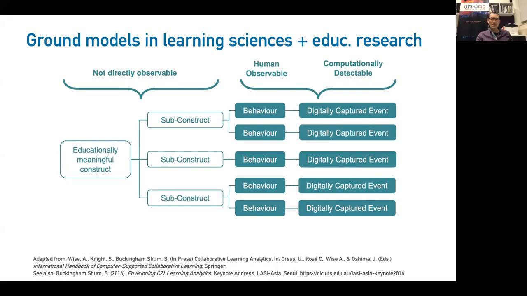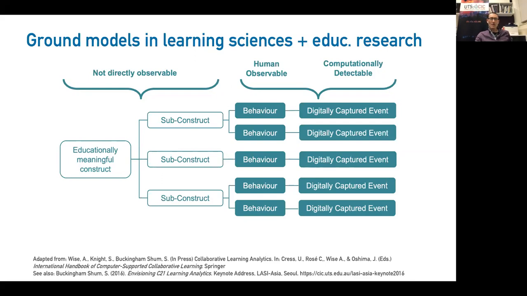So here's an example of how we make our models accountable and grounded in the learning sciences. On the left, we have the world of learning. Learning outcomes, constructs such as resilience, constructs such as has mastered Pythagoras' theorem, constructs such as can construct a grammatical sentence. Okay.